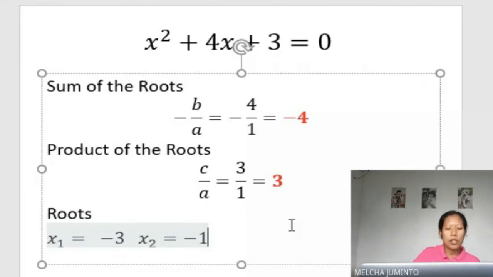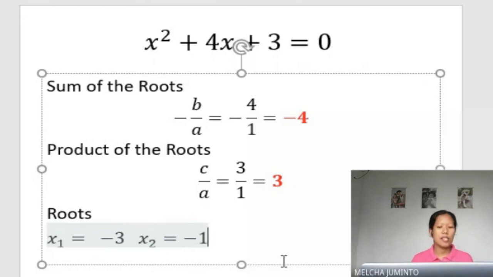Can we interchange the two? Can you say x of 1 equals negative 1, x of 2 equals negative 3? My question is, can you interchange the two?